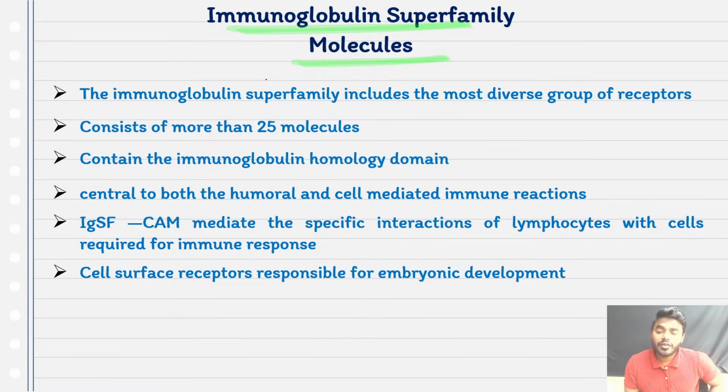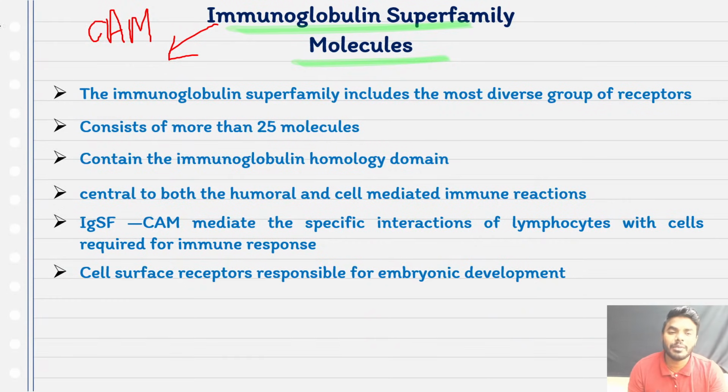Friends, all of you please listen very carefully. Immunoglobulin here does not mean an antibody, it's a type of CAM molecule only. The point to remember is that its structure resembles an immunoglobulin or antibody. That is the only reason we call it the immunoglobulin superfamily CAM molecule.